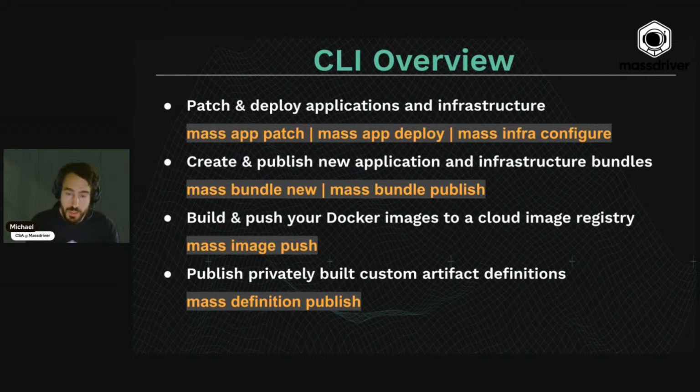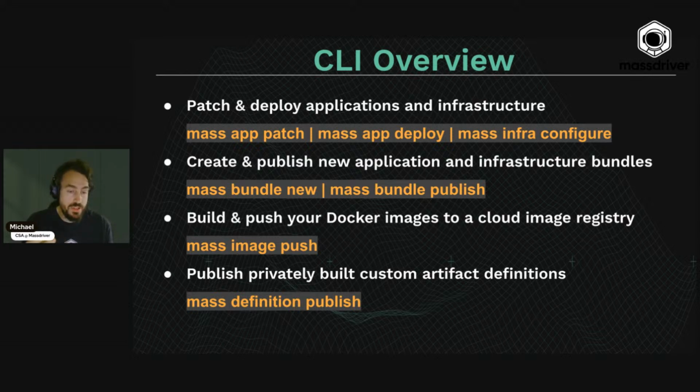By this, I mean we can update the fields in deployed applications and infrastructure to new values, and then we can deploy those changes straight from our terminal. We can also create new applications and infrastructure bundles, customize them as we need to, and then publish them to our own bundle catalog.